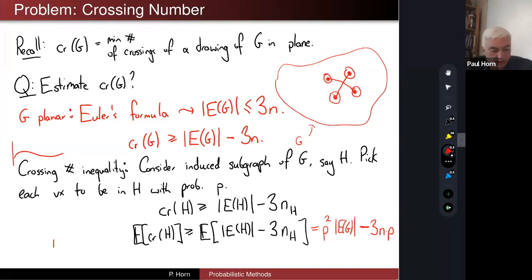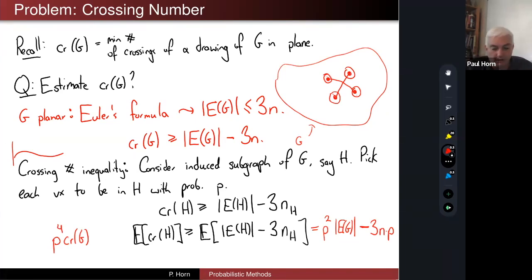So in the original drawing of G, I look at the same layout for H. What I get is actually p to the 4th times the original number of crossings. The only way a crossing will survive is if all 4 endpoints corresponding to those edges survive.